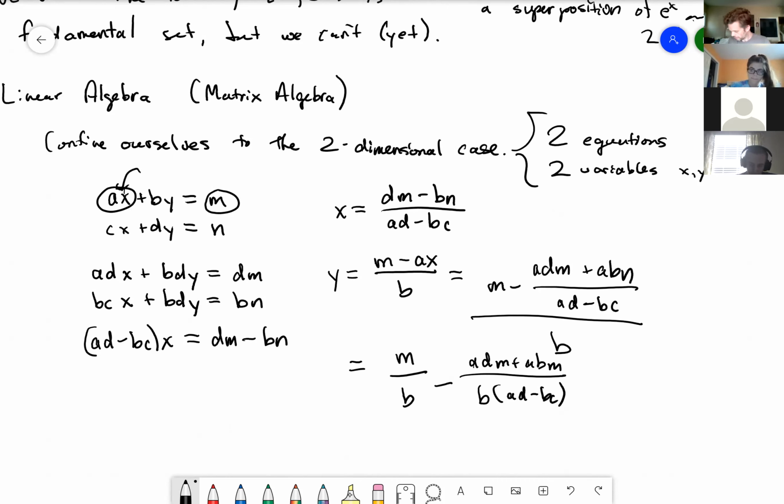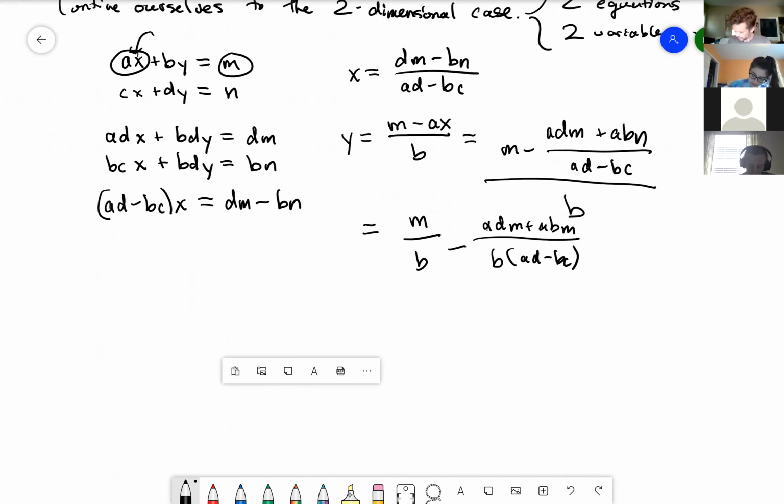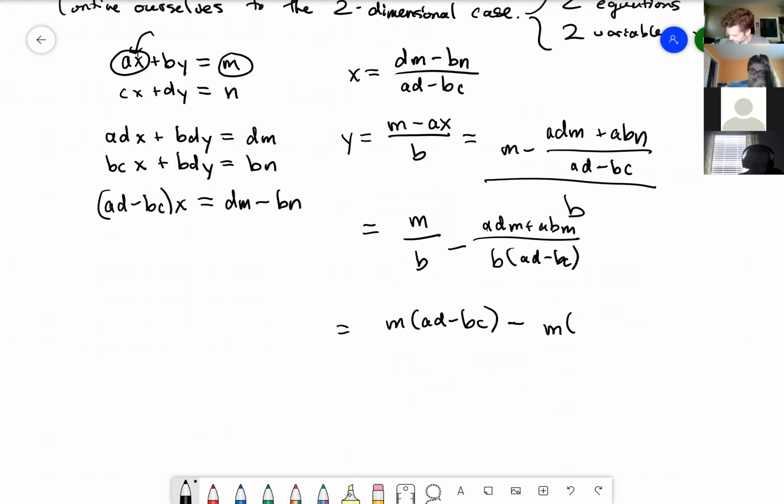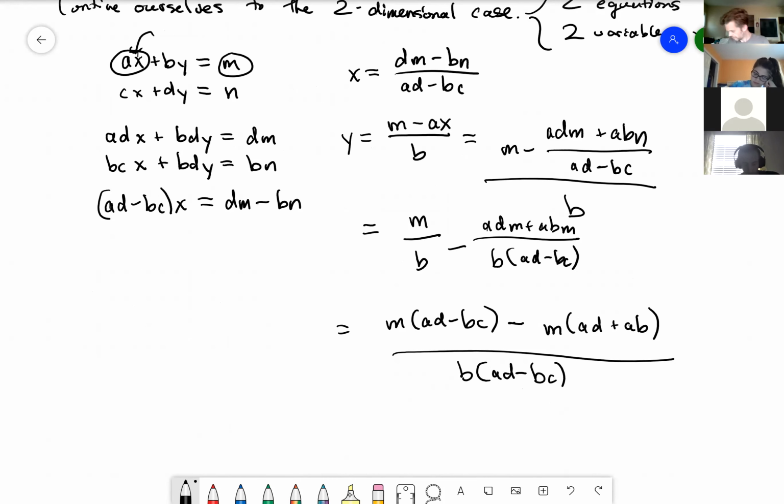And then multiplying through on the numerator, getting common denominators, I will get m times (ad minus bc) minus b times (dm plus bn), and this is all over b times (ad minus bc).